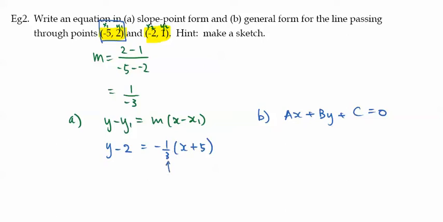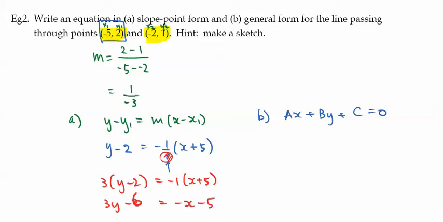So as I multiply this denominator to the other side, 3 times y minus 2, the denominator on the right hand side will now be gone, giving us negative 1 times x plus 5. And as you open up the bracket, distribute your 3: 3y minus 6 equals negative x minus 5.